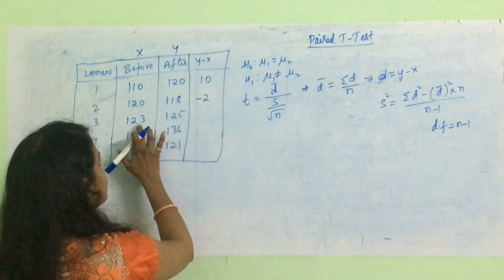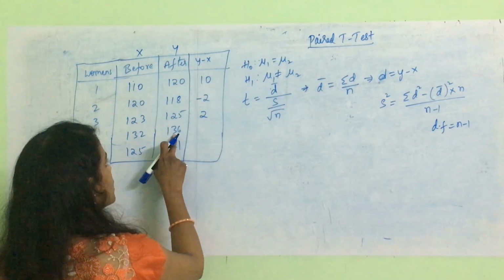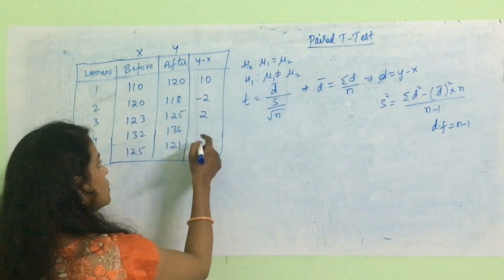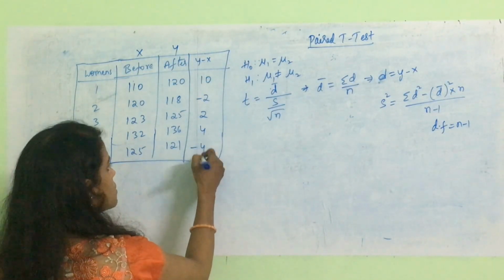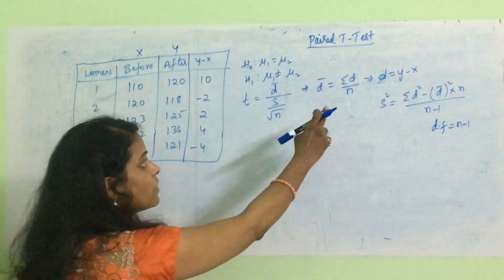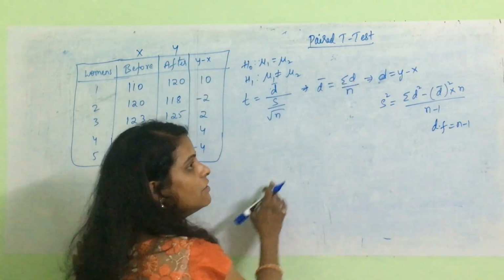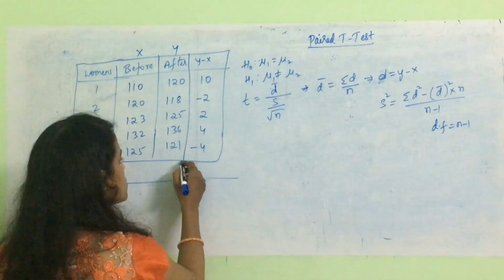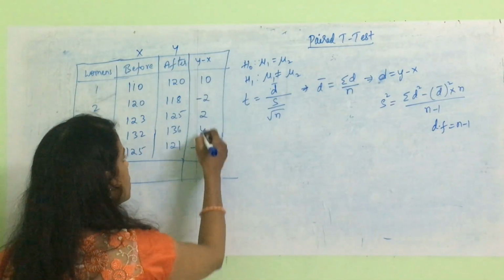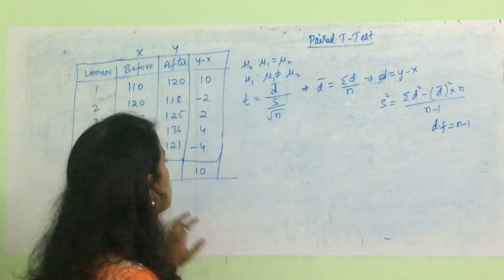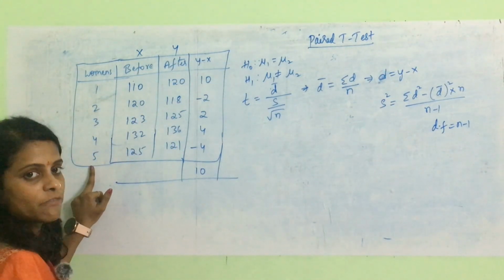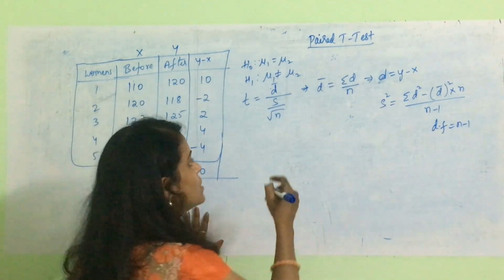Next 125 minus 123, 2. Next 136 minus 132, 4. 121 minus 125, minus 4. What we want here is sigma d, which is 10. The n value is 5 because there are 5 women.